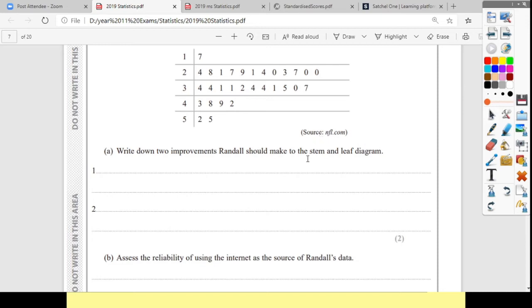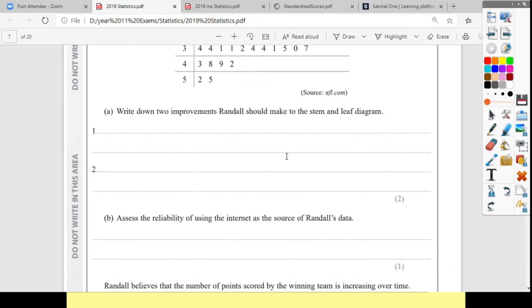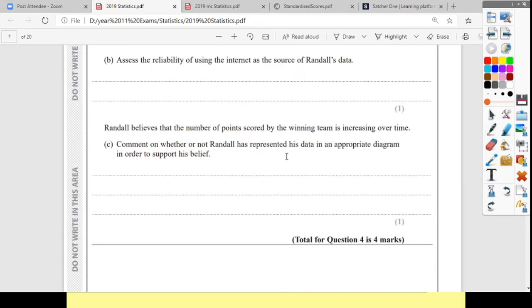If you know football, NFL.com might be the official one, so it's obviously reliable. However, it could be one trying to be the official website, so then it's not reliable. Because it is secondary data, if it's not reliable, somebody could be making up the scores, and sometimes they could be leaving out certain data. So always think about where it comes from.